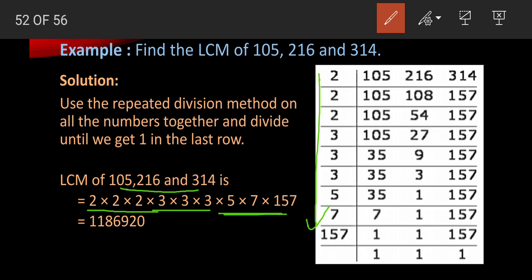So these are the factors which we have to multiply. If we multiply all these factors, we get this number, that is 11,86,920. In this way you have to find the LCM of more than two numbers with the help of repeated division.